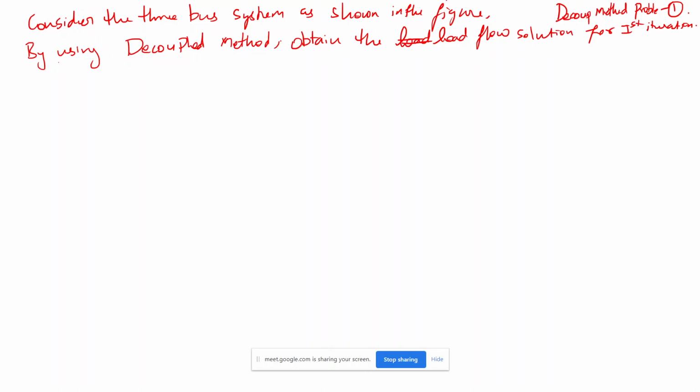So the system is given such a way that I'll write the system here. Write down the question, everyone. And this is like this, and this is bus 3 and this is bus 2, this is bus 1, and there is a generator connected here.